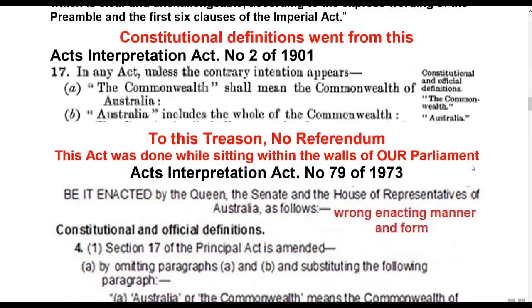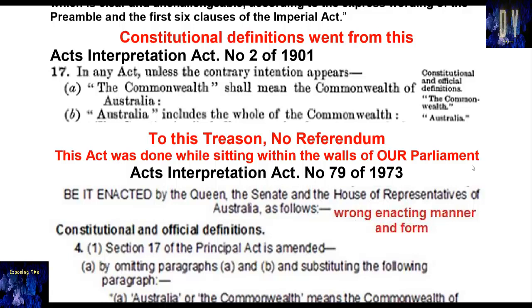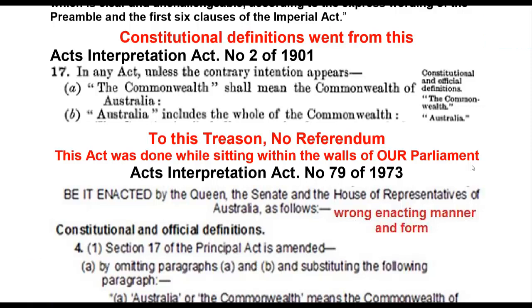So, constitutional definitions went from this: Acts Interpretation Act number 2 of 1901, and on the right hand side, constitutional and official definitions: the Commonwealth, Australia, number 17. So the Australia's for the bottom one. All right.